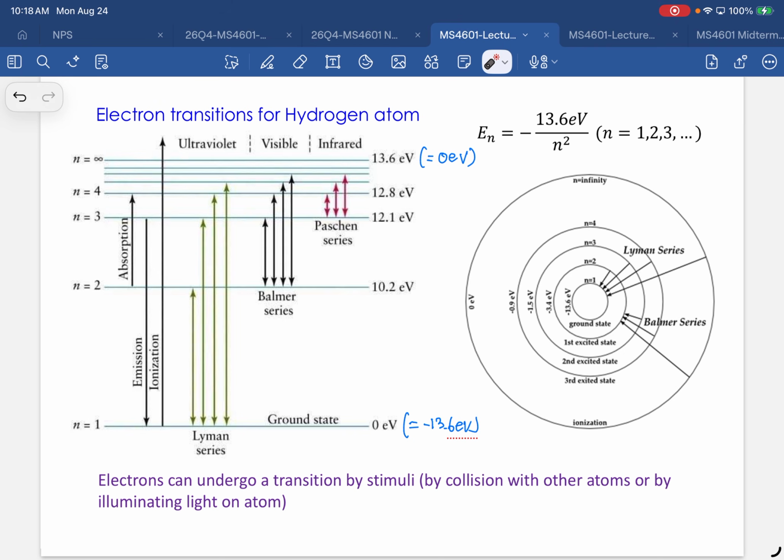That loss of energy is often released as light, a photon. That is essentially an emission process. When electrons lose energy, like from n equals 3 to n equals 1, the lost energy is converted to a photon and it emits light. That is the energy transition process.